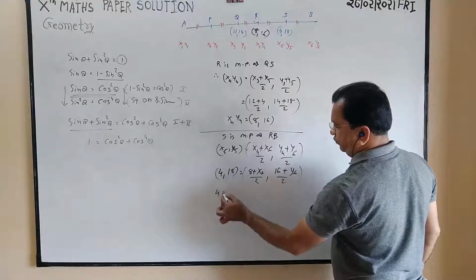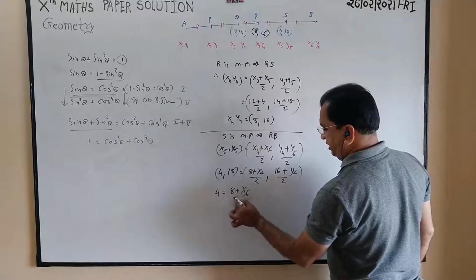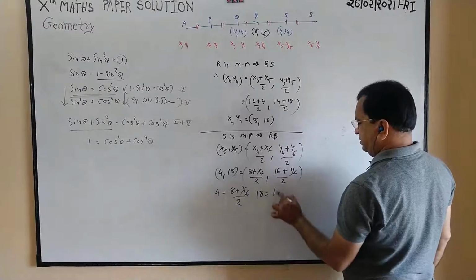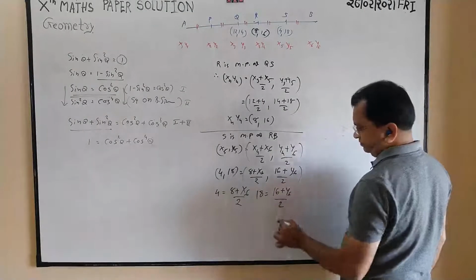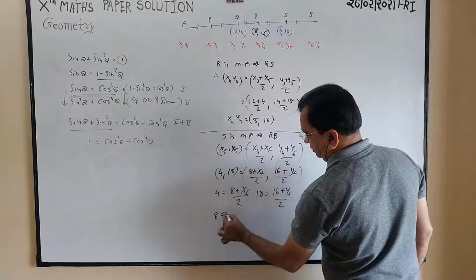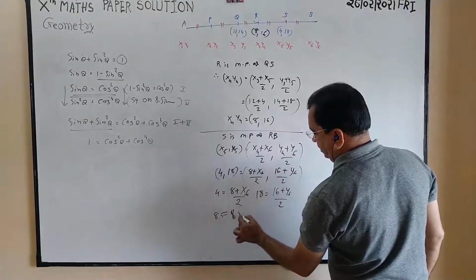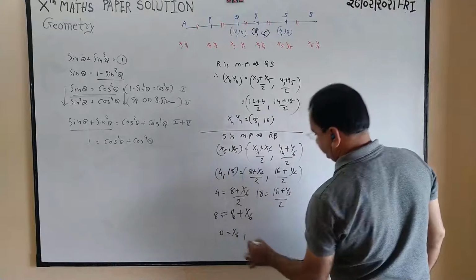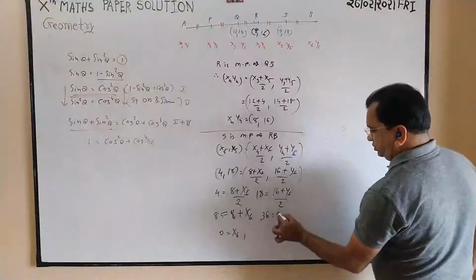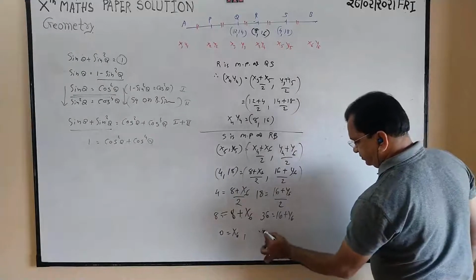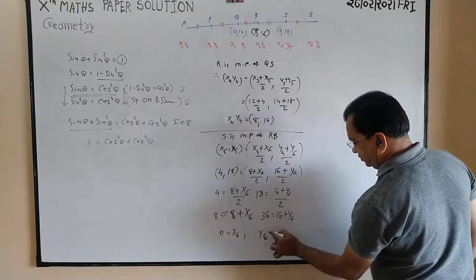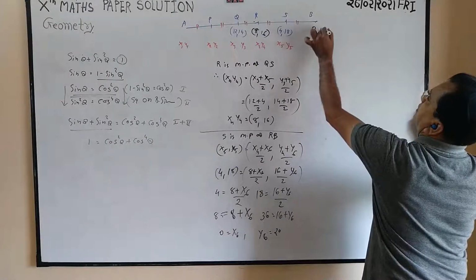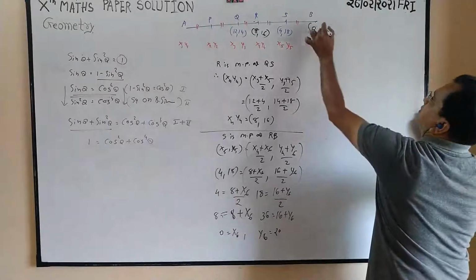Now separate. 4 is equal to 8 plus x6 by 2, 18 is equal to 16 plus y6 divided by 2. 8 is equal to 8 plus x6, 8 cancels, so x6 is 0. 36 minus 16 is 20.